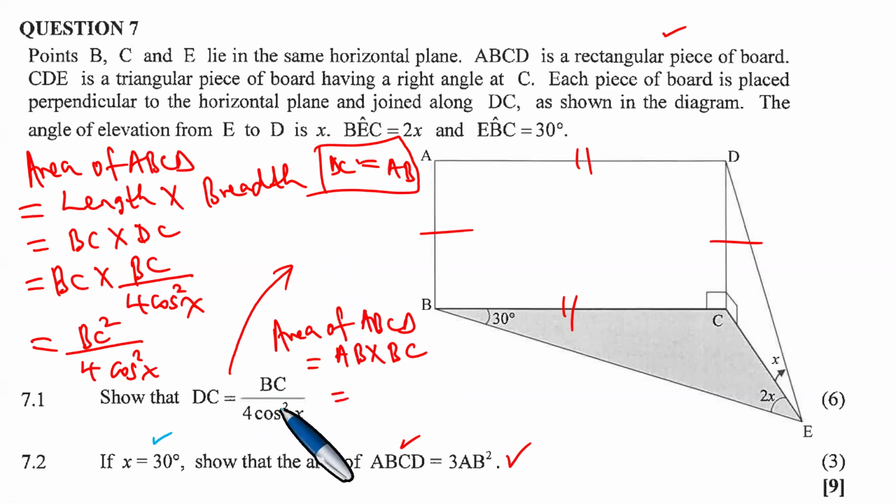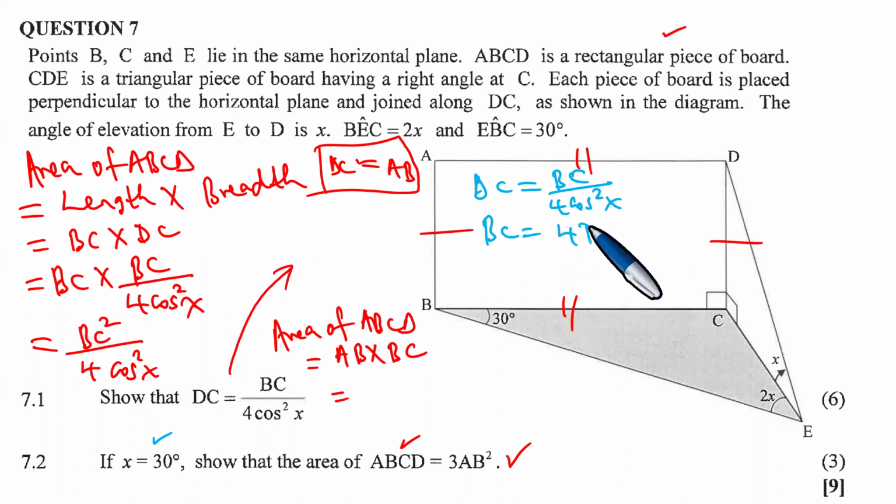So to get BC, we can cross multiply. If DC is BC over 4 cosine squared x, and we need to get BC, then BC is 4DC cosine squared x.